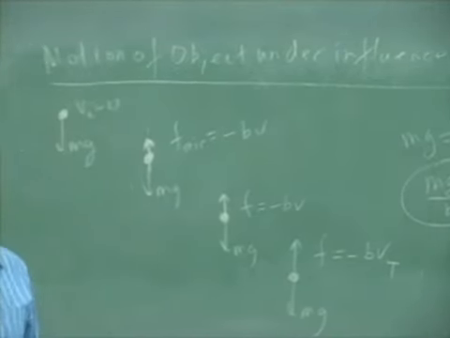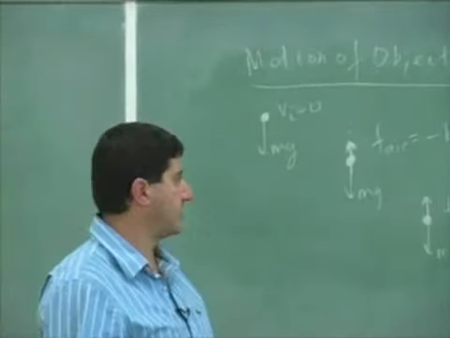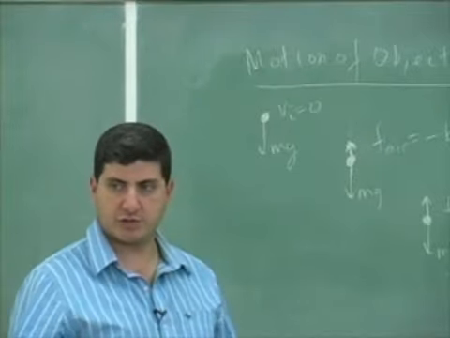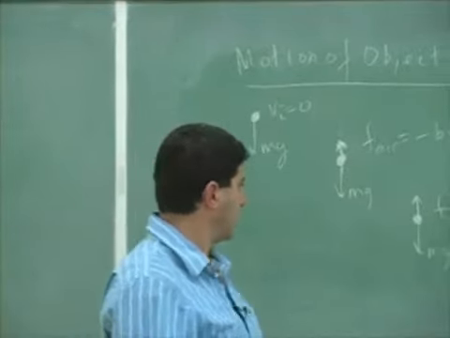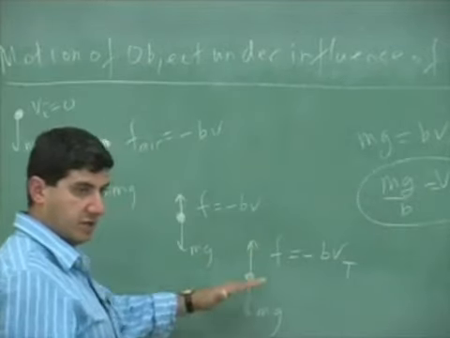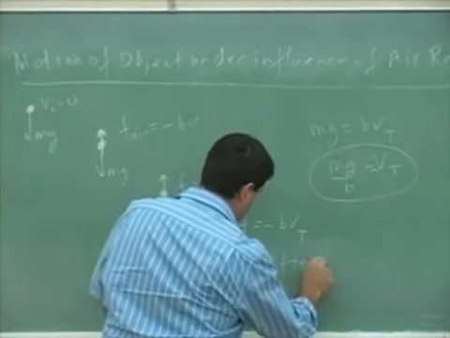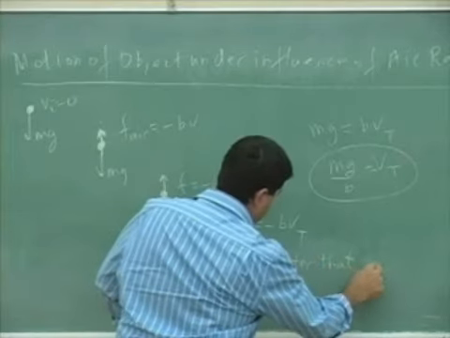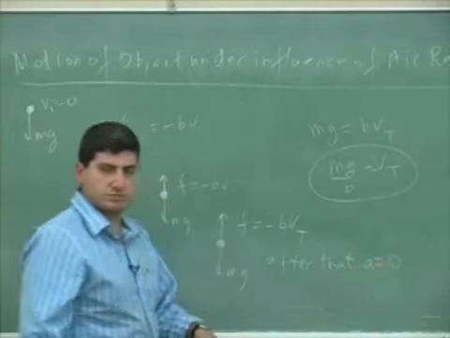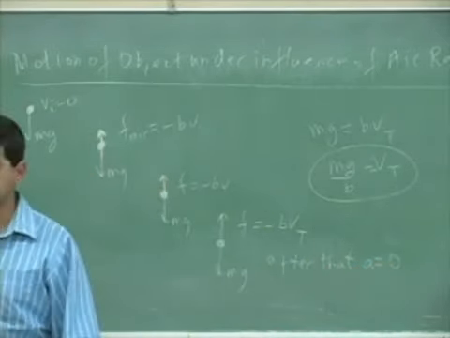Okay? So that's the fastest speed that the object will reach under the influence of air friction. After that, it's not going to accelerate anymore. So after that, a equals 0.